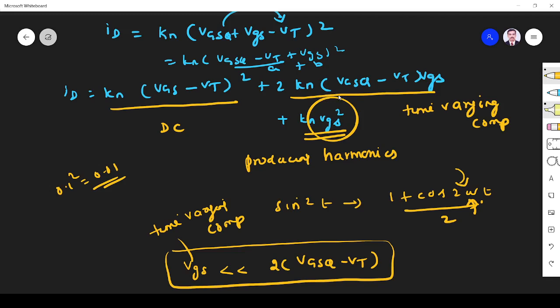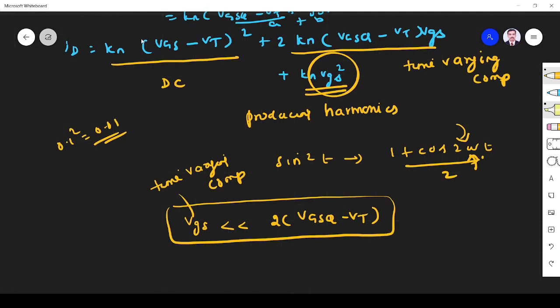Compared to this term, VGSQ minus VT is a very big value. So this term will go away. So I have only these two components. Right, so ID has one DC component, one AC component. So the total DC component IDQ, this DC component I write as Kn (VGSQ minus VT) squared.